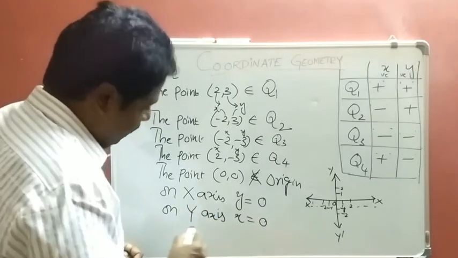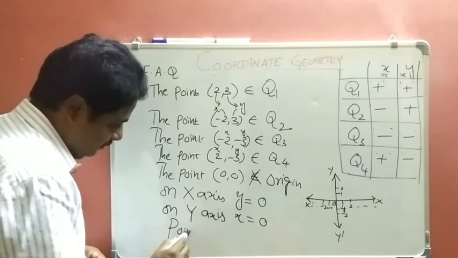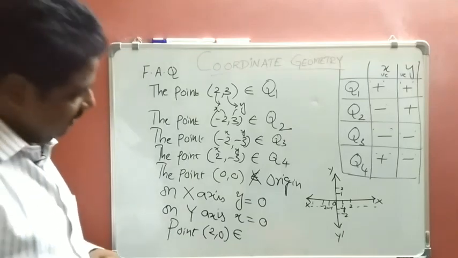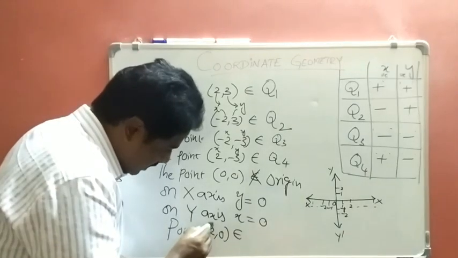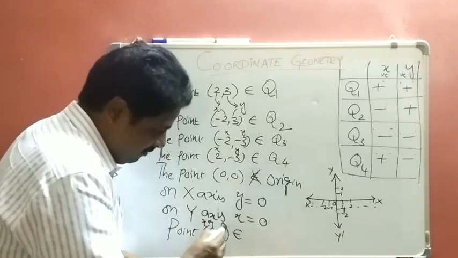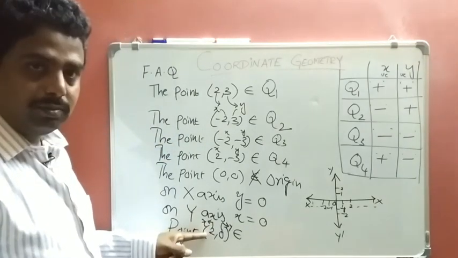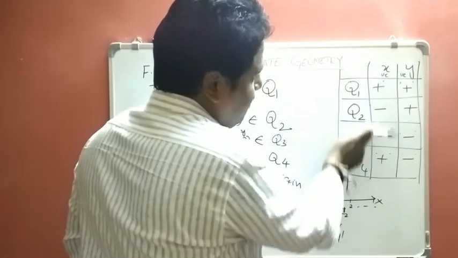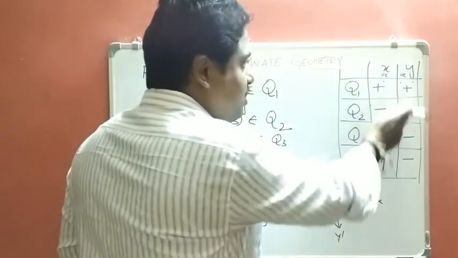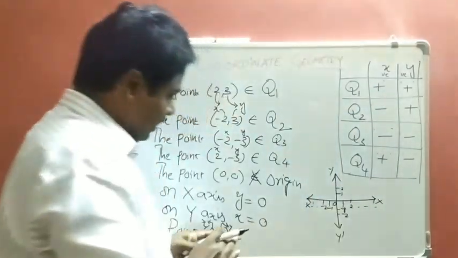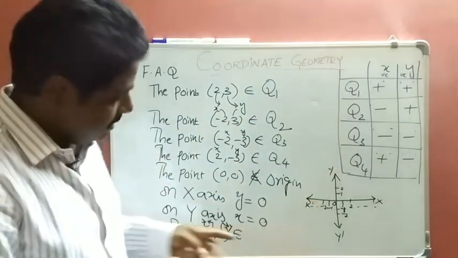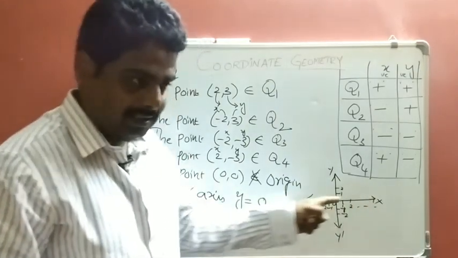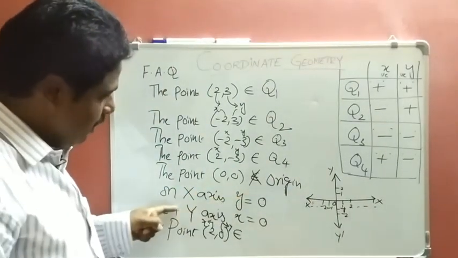Now, for example, if somebody asks which part the point (2, 0) belongs to: this is x, this is y. X is positive and y is 0. Y is 0 means we can't go into the quadrants. Y is 0 means the point should be on the x-axis. As I told you, on the x-axis y is 0, and on the y-axis x is 0.